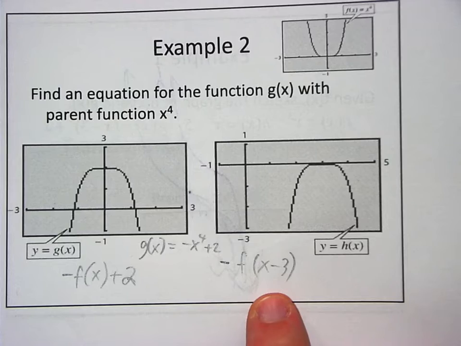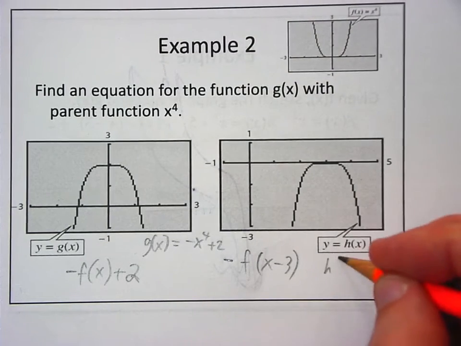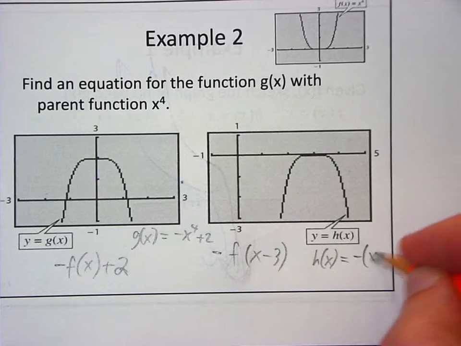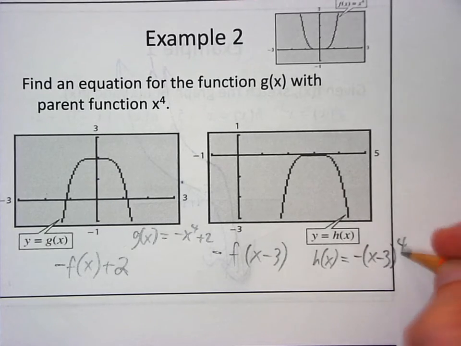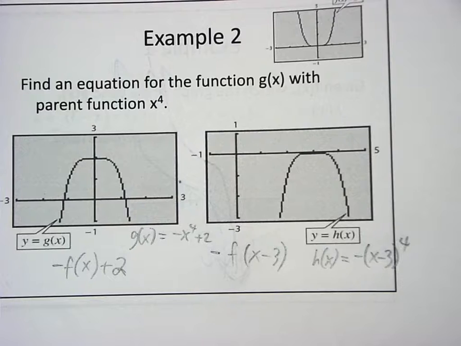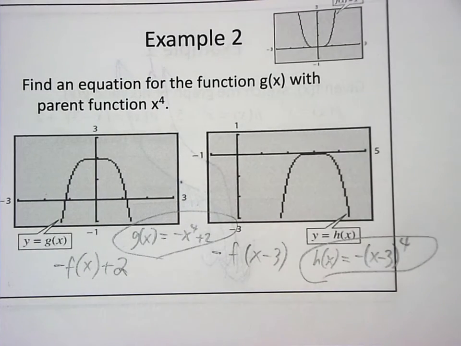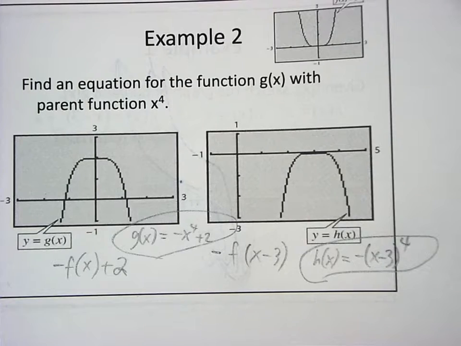So now when I translate that to the function that we're using, it's going to be negative, and then parentheses x minus 3 to the 4th. Does that make sense?